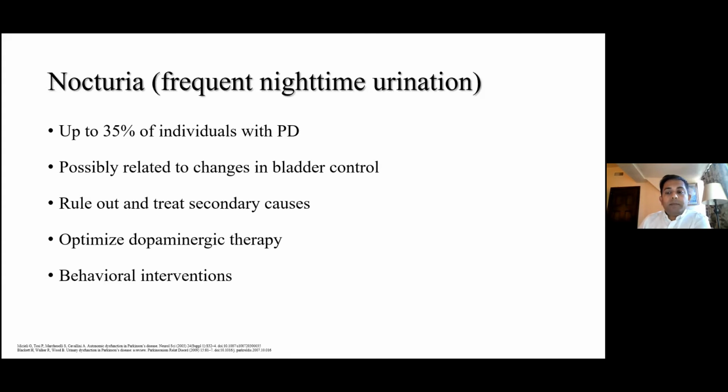Also, it's important to optimize dopaminergic therapy, but behavioral interventions are also very important, such as reducing fluid intake prior to bedtime, and avoiding diuretics or medications that would cause us to want to urinate more prior to bedtime.